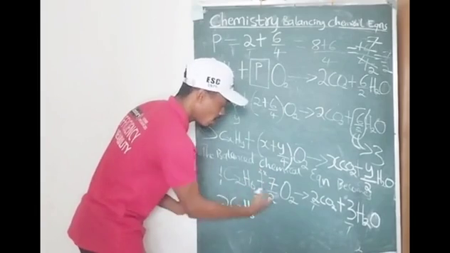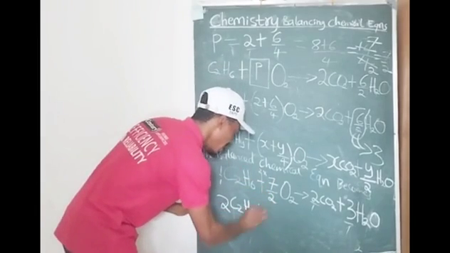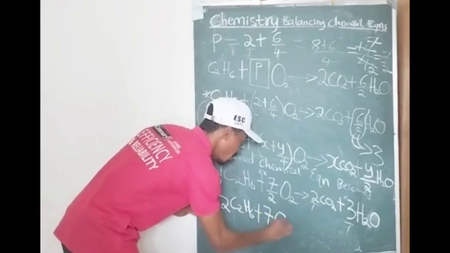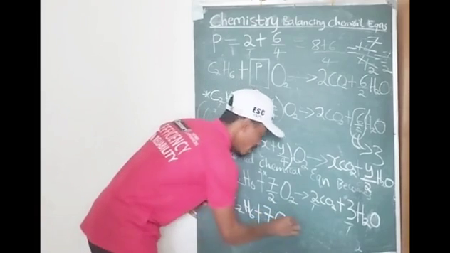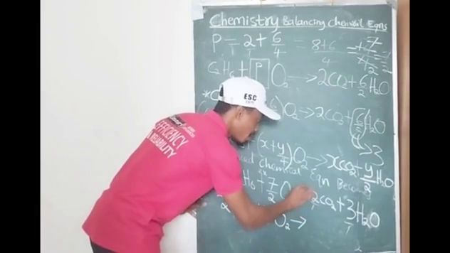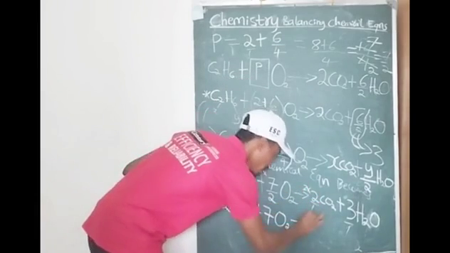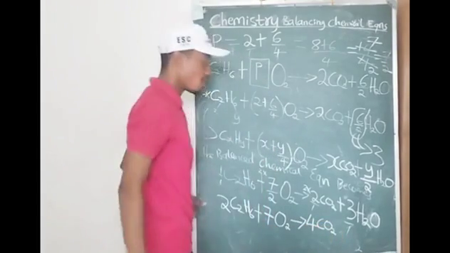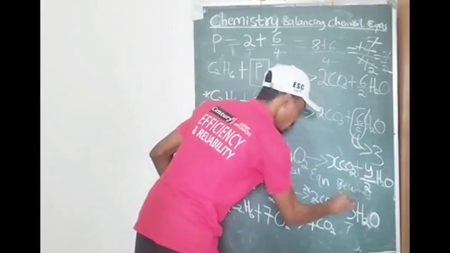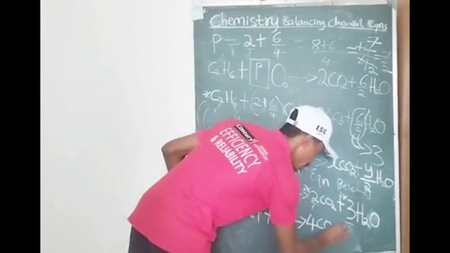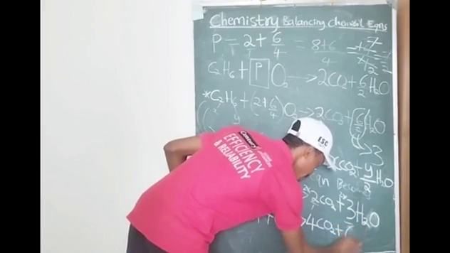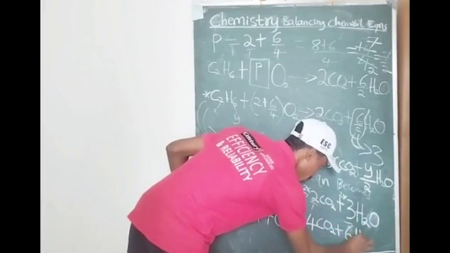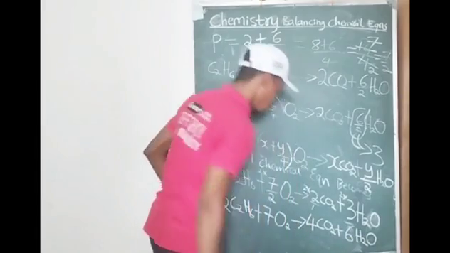Of course, these 2 will cancel these 2. So what we're left with here will be 7 moles of oxygen. I'll multiply this by 2, this will give me 4 moles of carbon dioxide, and I multiply this by 2, this will give me plus 6 moles of water.